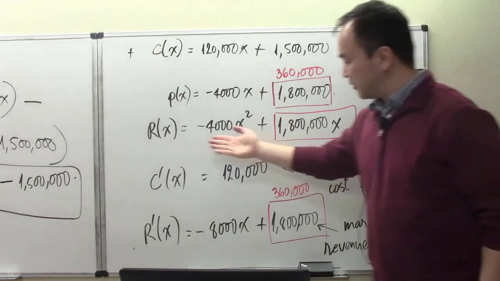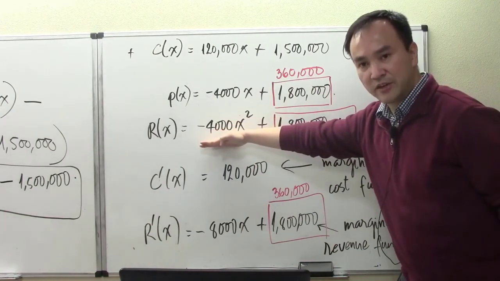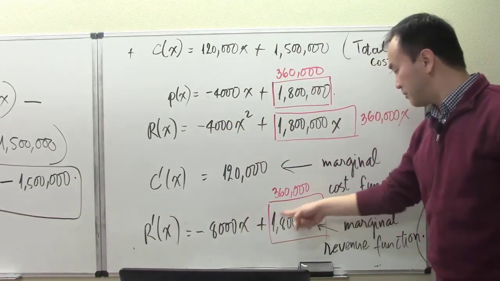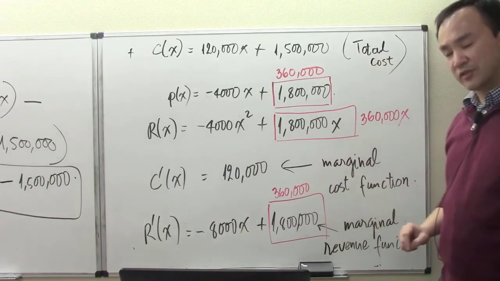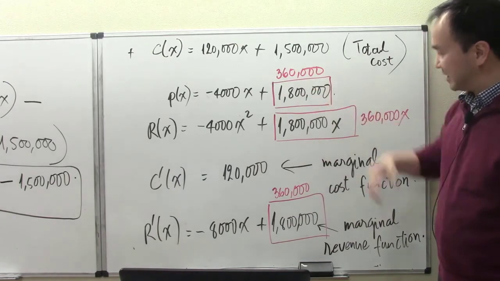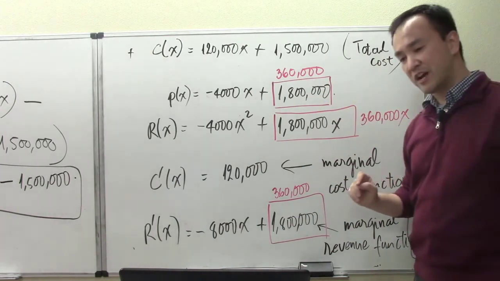Then we can also find R prime by deriving our revenue function, and R prime came out minus 8,000x plus 360,000. Again, I apologize for the error I made earlier, but it's still easy to undo errors like that.